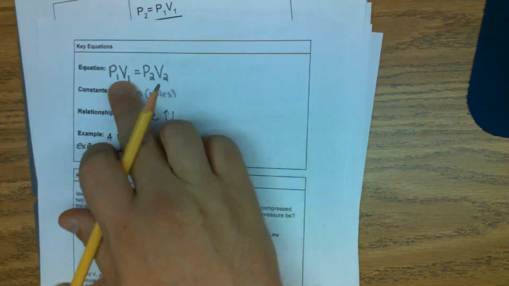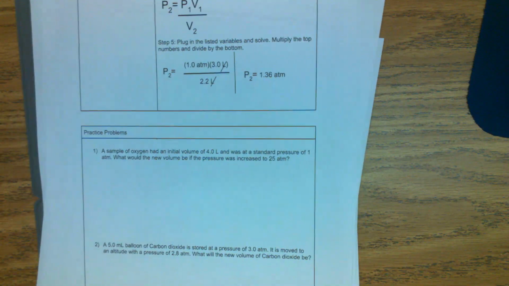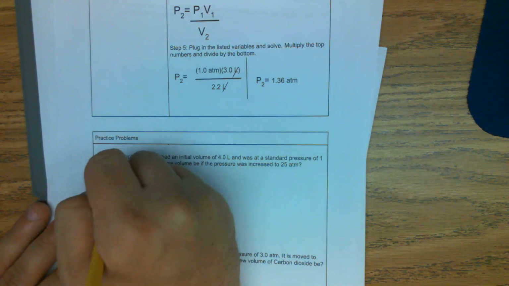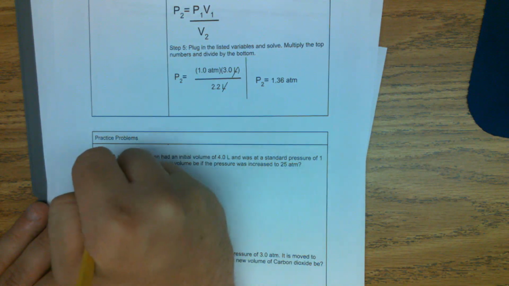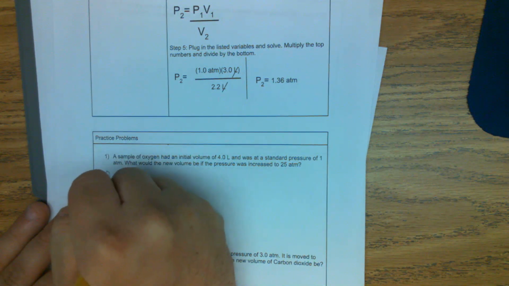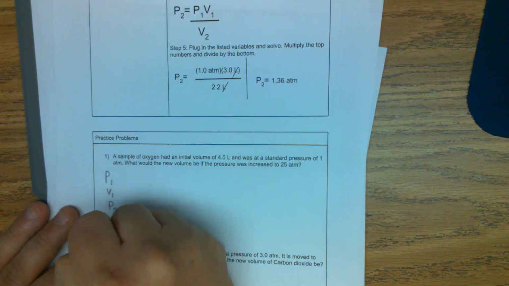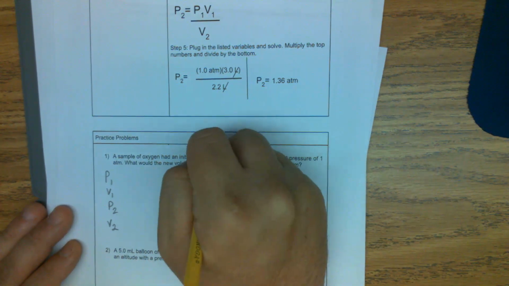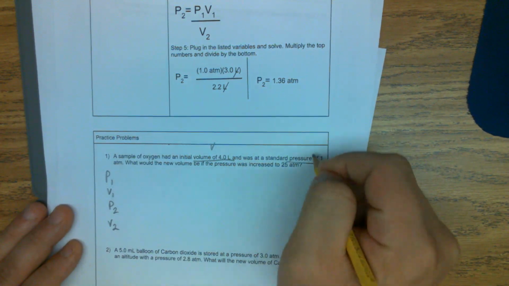All right, Boyle's law. Boyle's law, we're going to use this equation, P1V1. There's examples that are worked out, so let's go ahead and take a look at these. All right, practice problem 1. So we're going to use Boyle's law. So Boyle's law is P1V1 equals P2V2. So let's look through the problems.